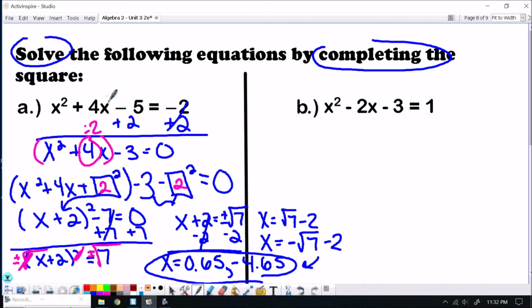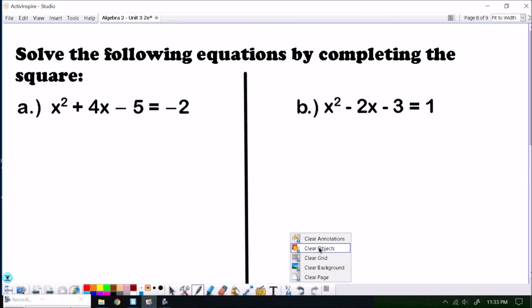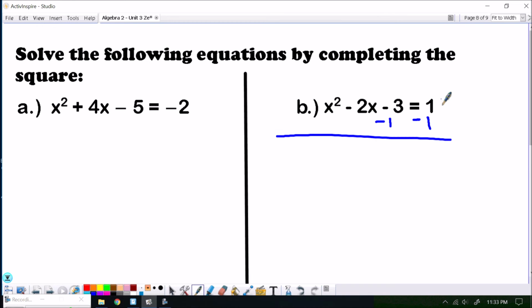So the last one, let's go ahead and try this again. You guys should be trying this along too to make sure you understand this. Once again, I need to get this equal to 0 first, because we are assuming that this is equal to 0, because y would be 0, which would give us our x-intercepts.